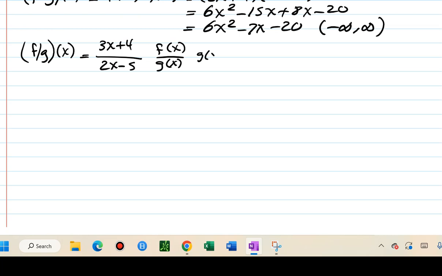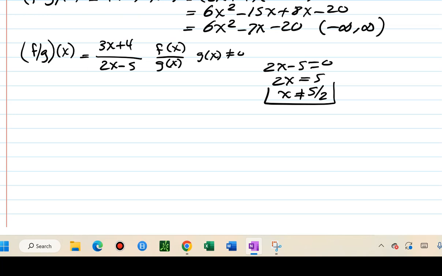And we said g of x cannot be 0 when we did this work. So what makes the denominator 0? Let's find out. Looks like 5/2. We're going to exclude it. So domain is all real numbers, negative infinity up to 5/2, just to the right of 5/2 to infinity. All right, and that's the domain of this one.